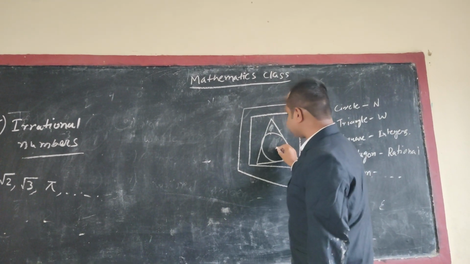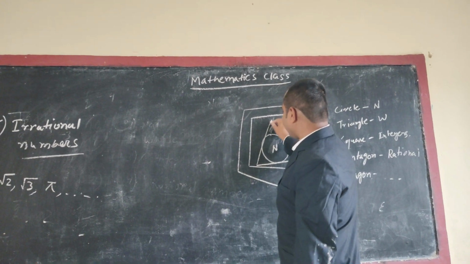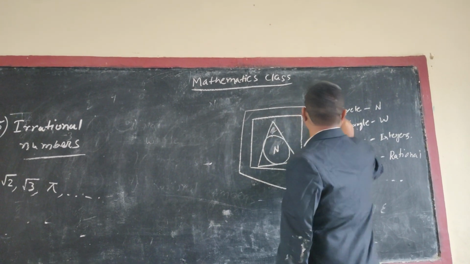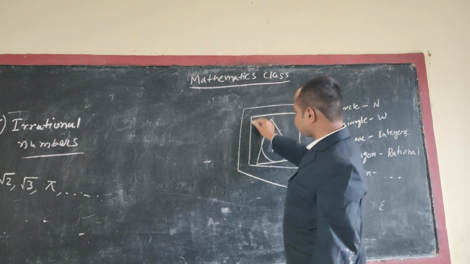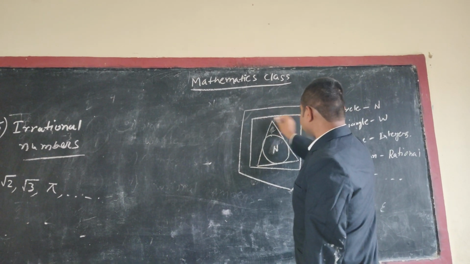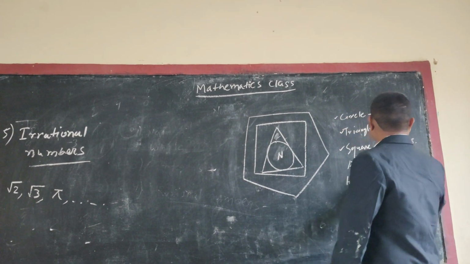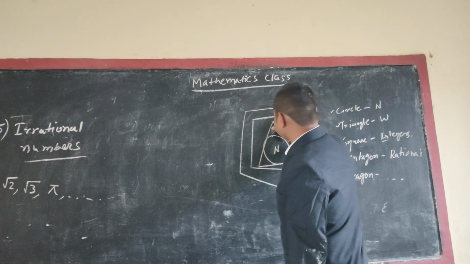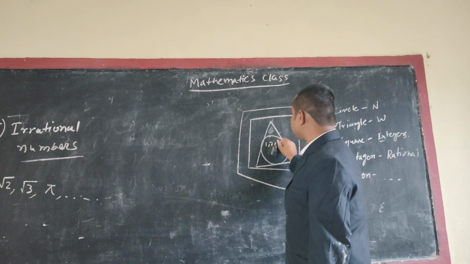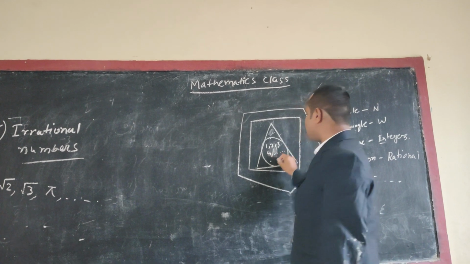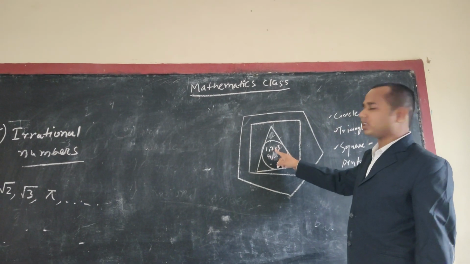Like this is the circle, natural numbers; triangle, whole numbers; and square, integers. Again, like 1, 2, 3, 4, 5 and so on, all the natural numbers are inside the circle.